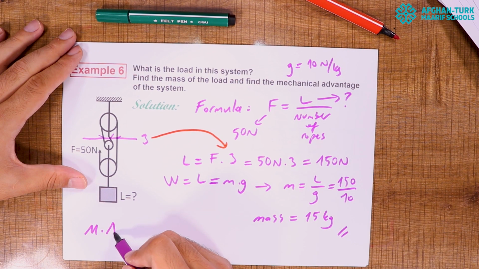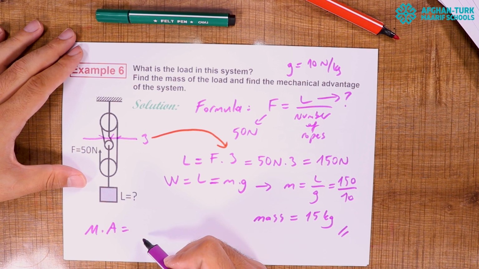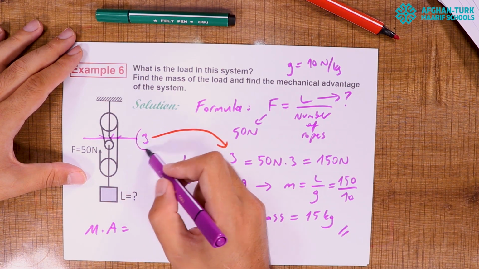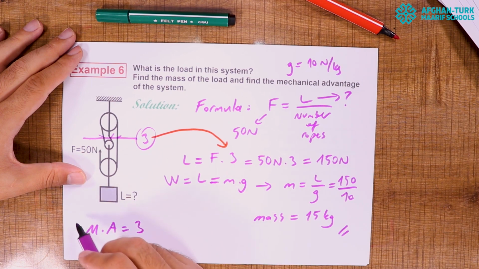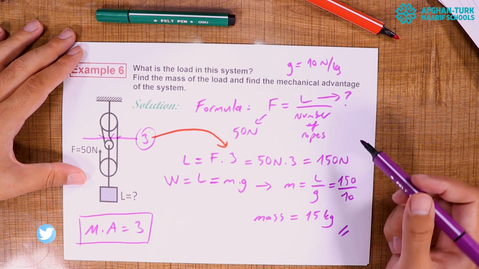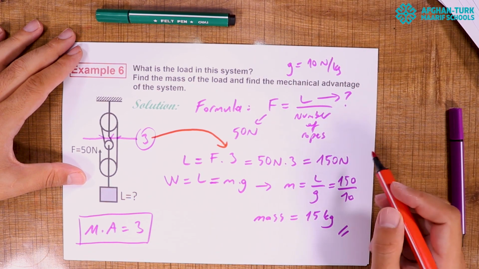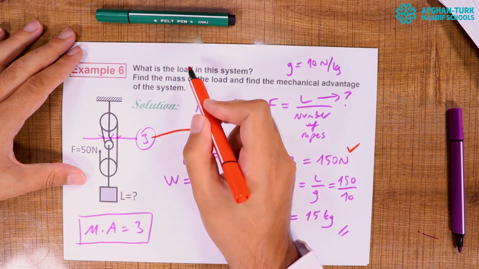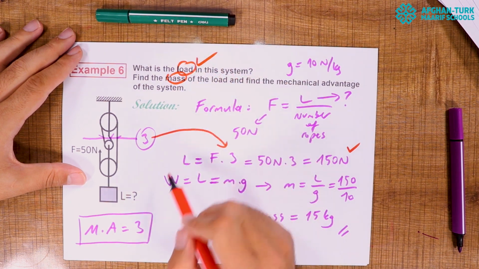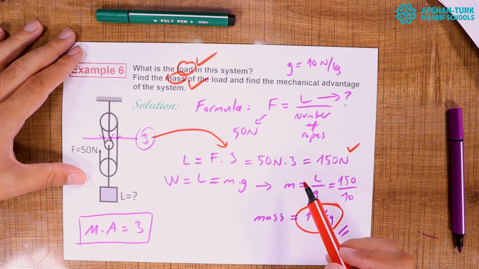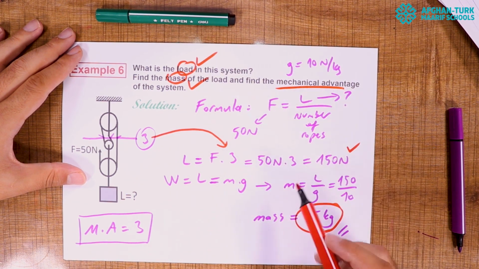The mechanical advantage in block and tackle was number of ropes, and here I found number of ropes as 3. Okay, first we found the load, which is 150 Newton, and then we found the mass, which is 15 kilogram. And finally, we found the mechanical advantage.